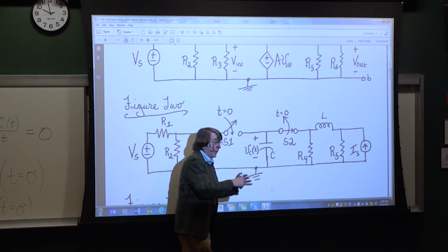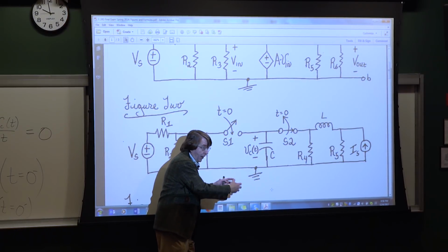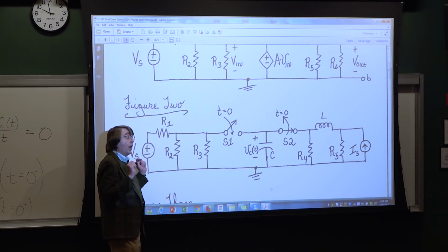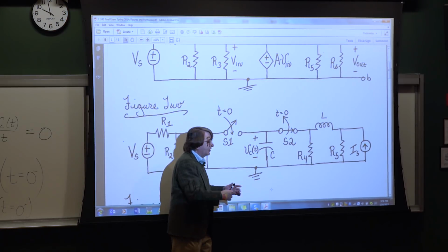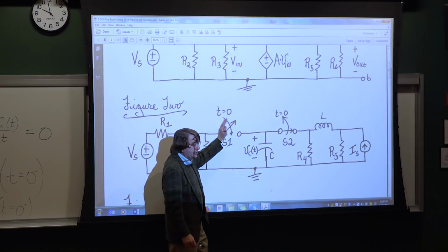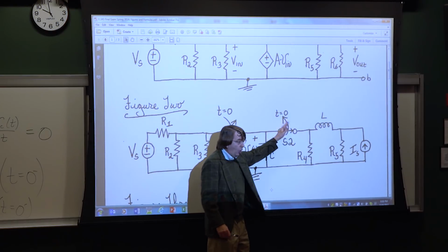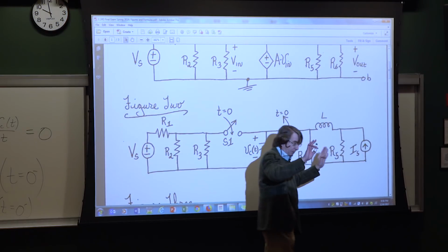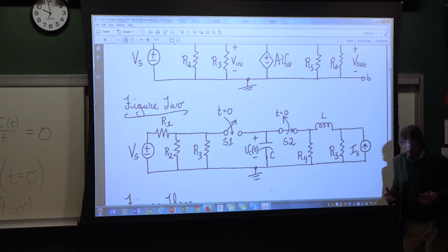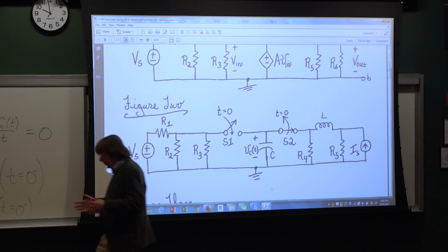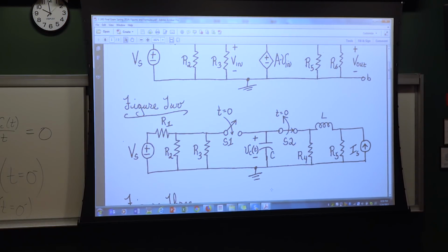So that got me to apply it in this part of the problem. Now, in part A, we're looking at t equals 0 plus. So we got to instantaneously close this switch and open this. Nothing has been there for a long time in terms of the steady state. So now we have to solve it. It all has to do with the changing of the switches.